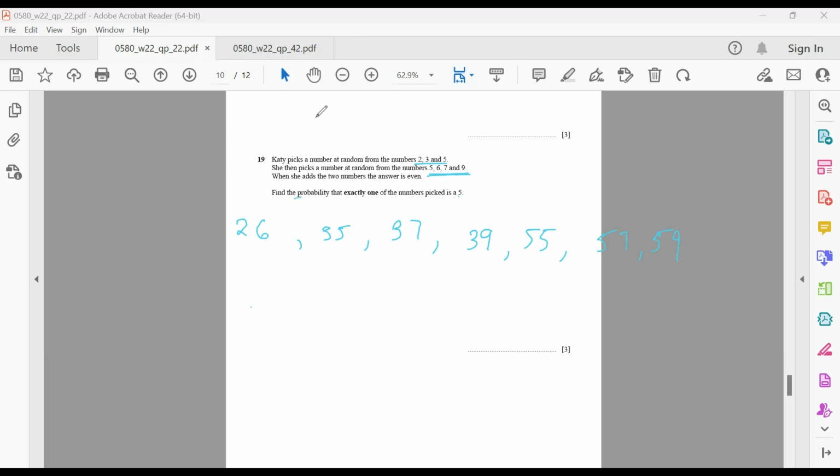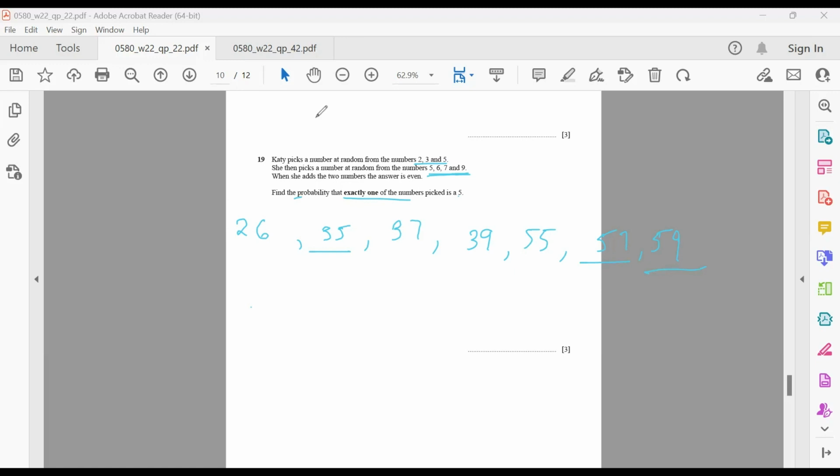So now they've asked us the probability that there's exactly one 5. So we can take 3 and 5. We can take 5 and 7, and 5 and 9. So that gives us basically 3 cases.